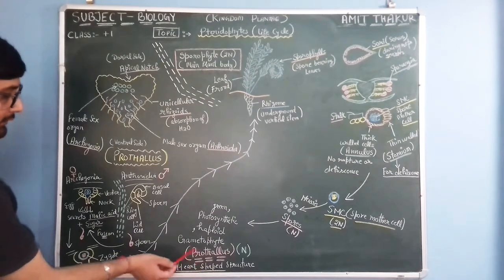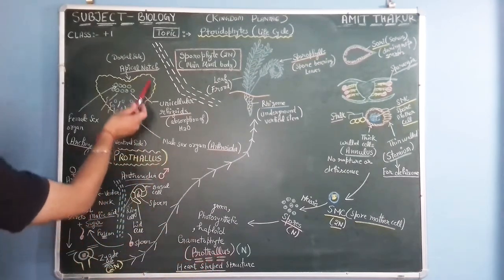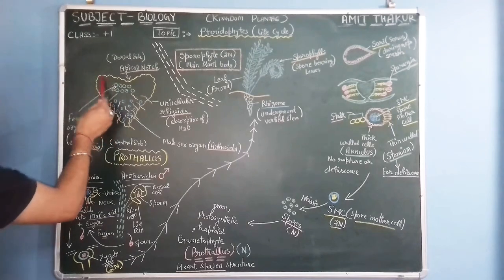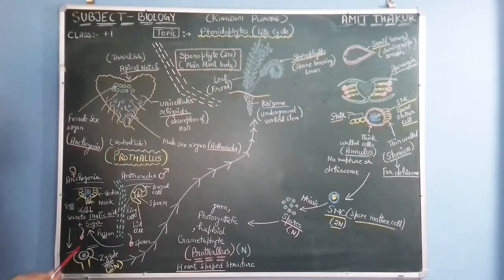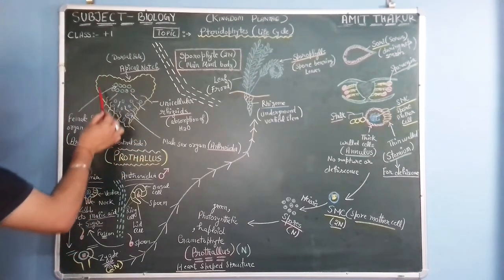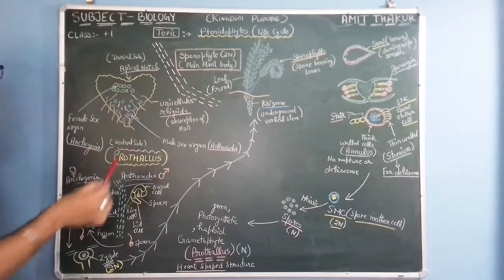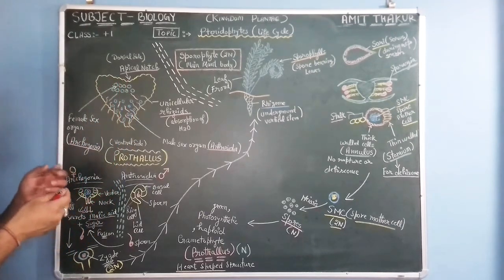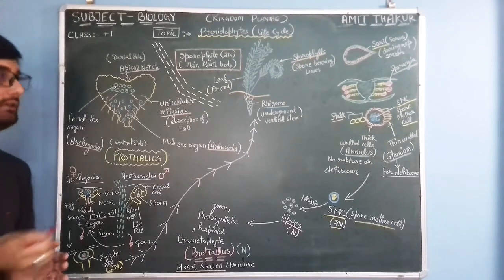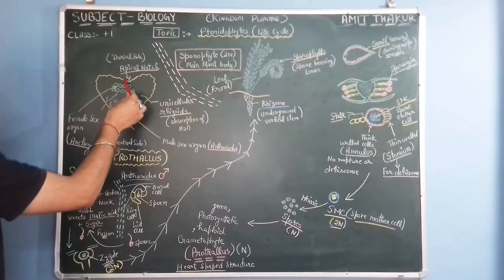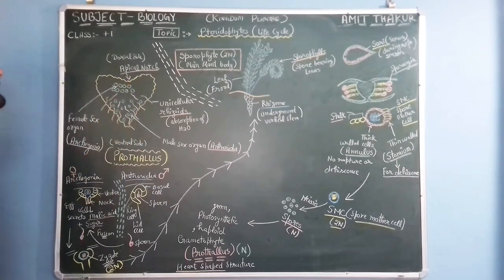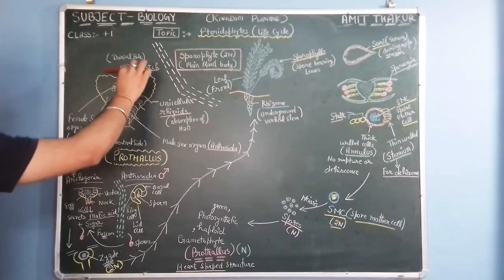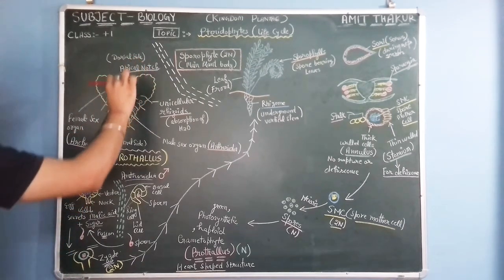So here you can see this prothallus, or heart-shaped structure. This depression which makes the prothallus appear like a heart is known as the apical notch. This is the dorsal side of the prothallus, and this is the ventral side.